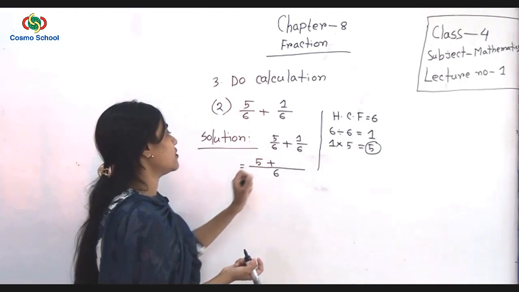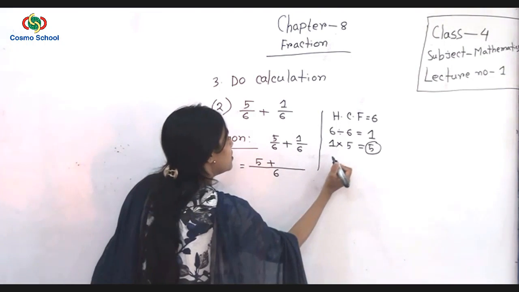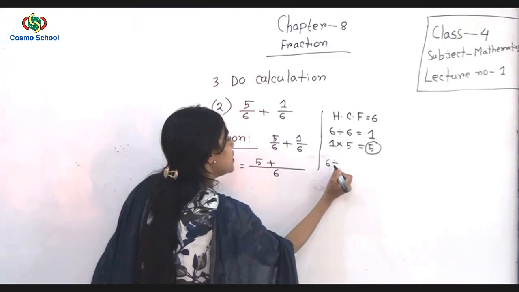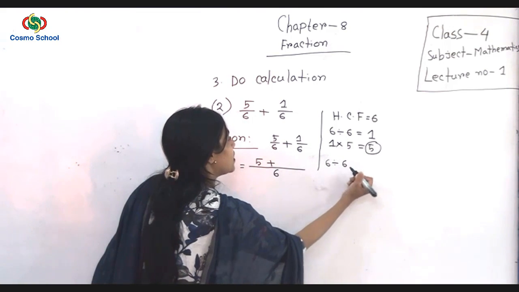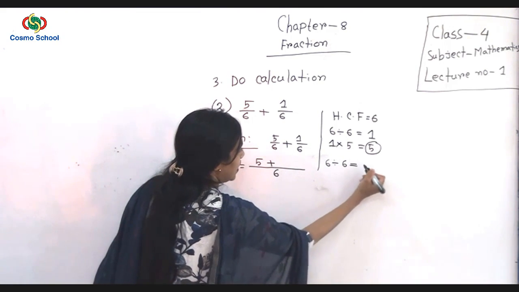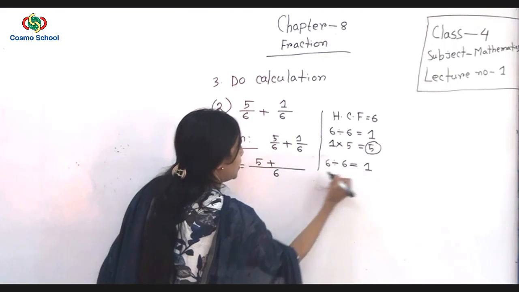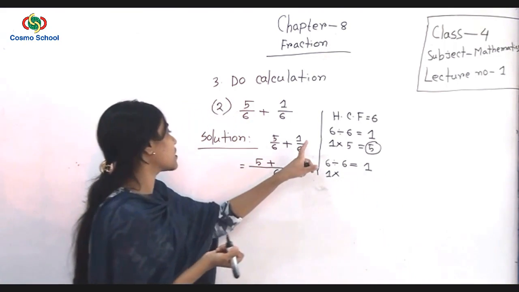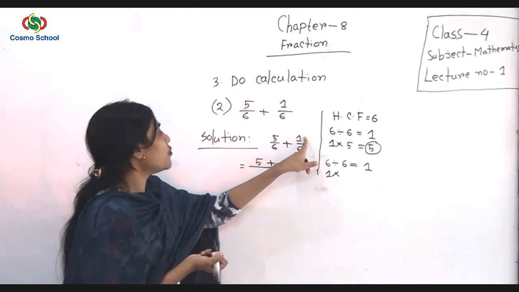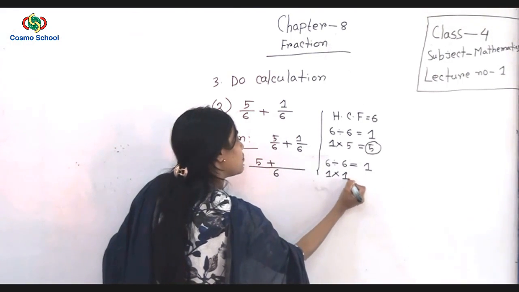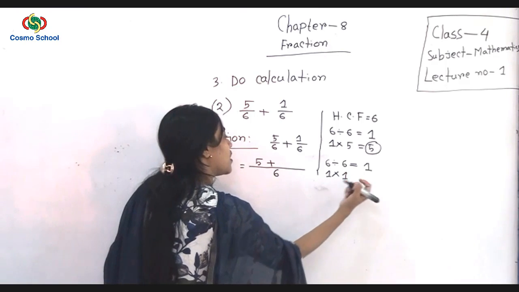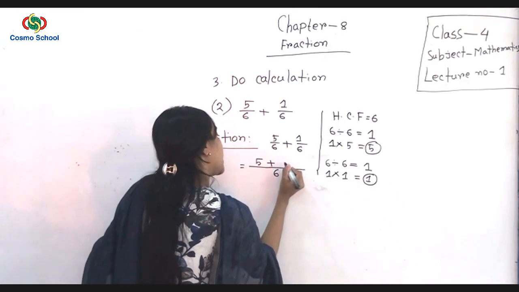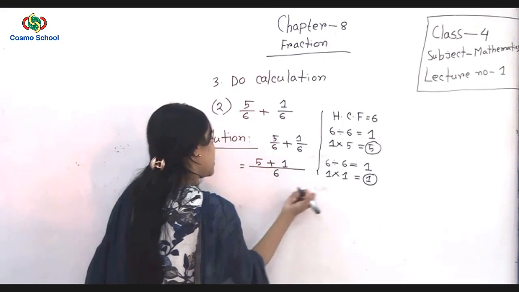For the second fraction, first HCF is divided by the fraction's denominator, and I get the result 1. This 1 is multiplying the second fraction numerator, and that is 1. 1 is multiplying by 1 and get result 1. This result is putting here.